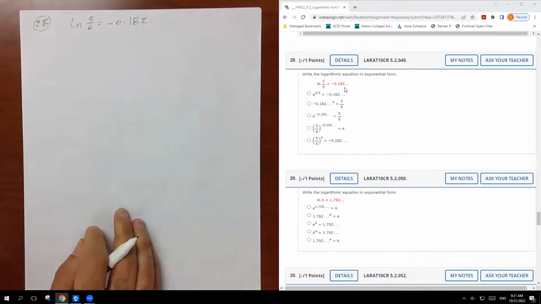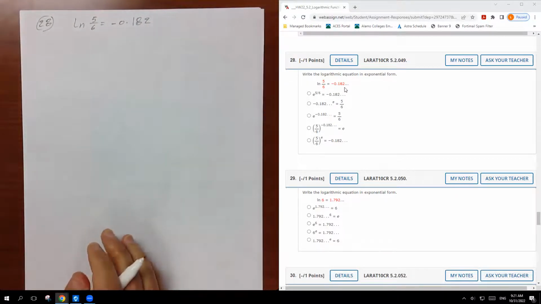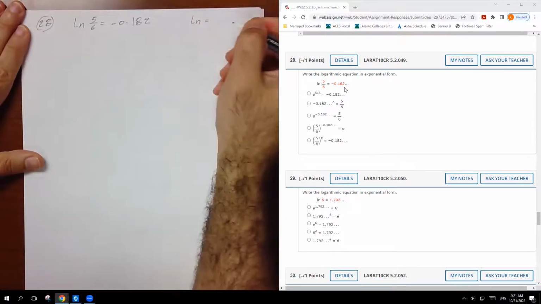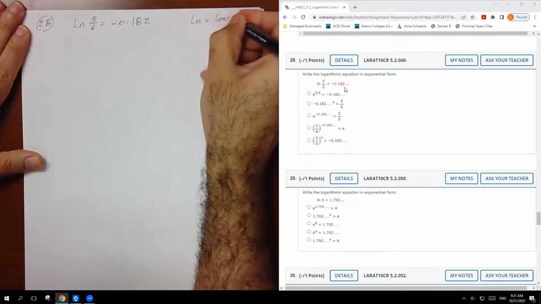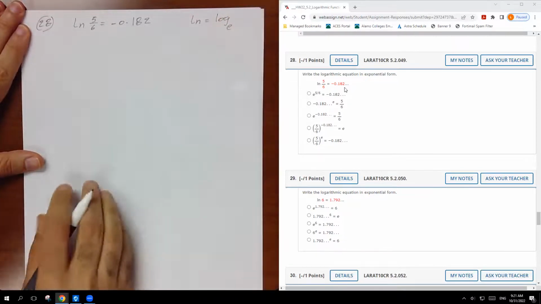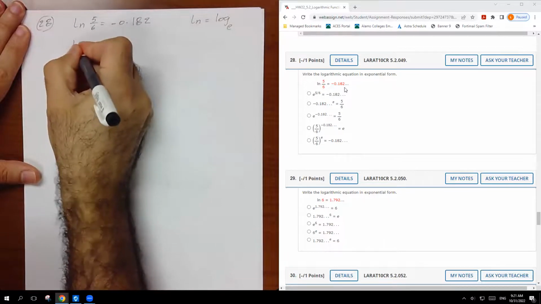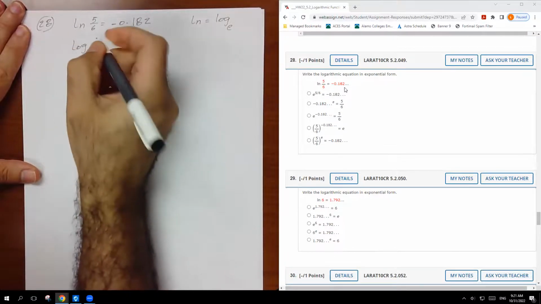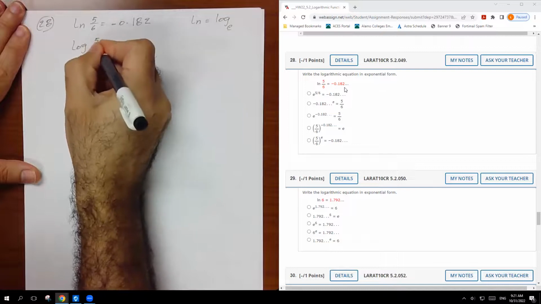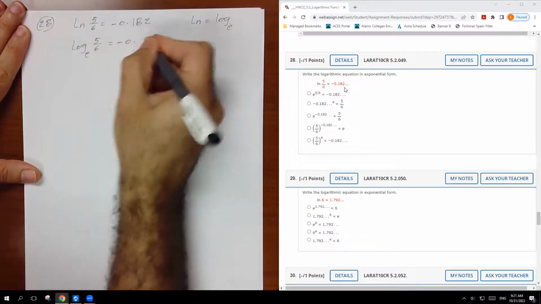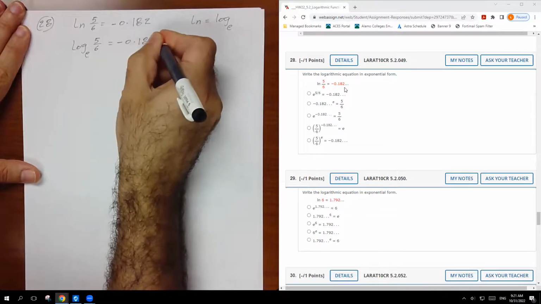So to write down this in exponential form, we already know that ln by itself is log to the base e, because there is no base here. So I'm going to write down this is log to the base e of 5/6 equals negative 0.182.